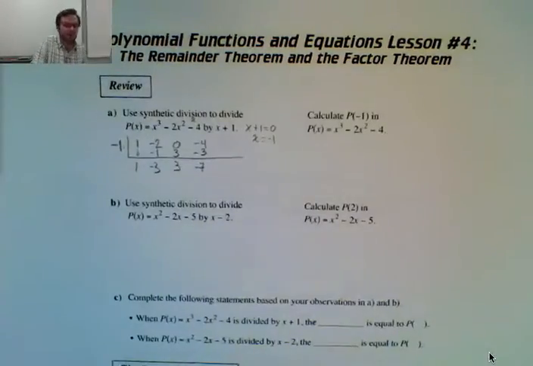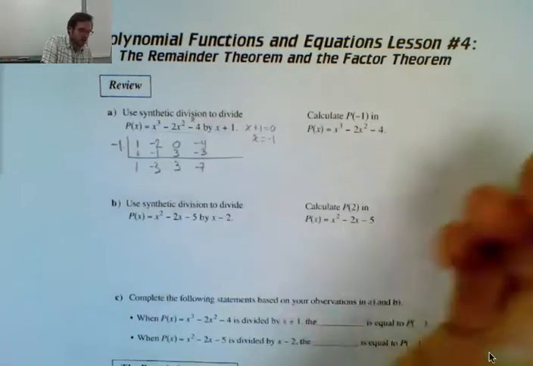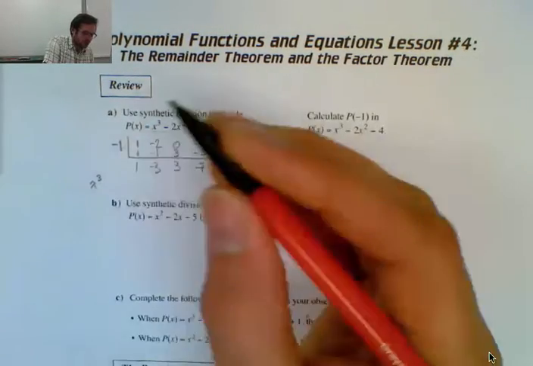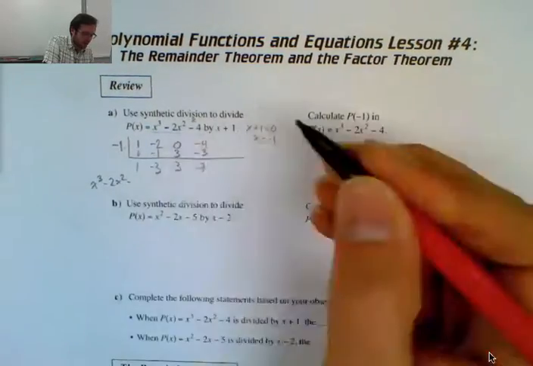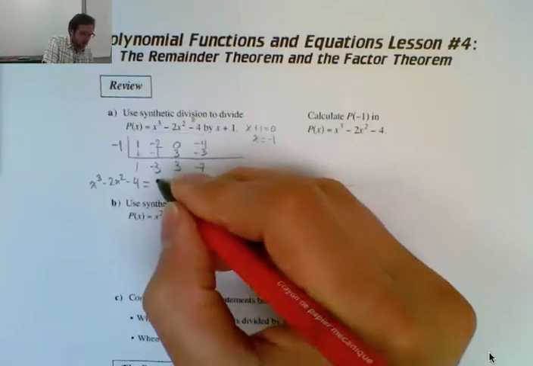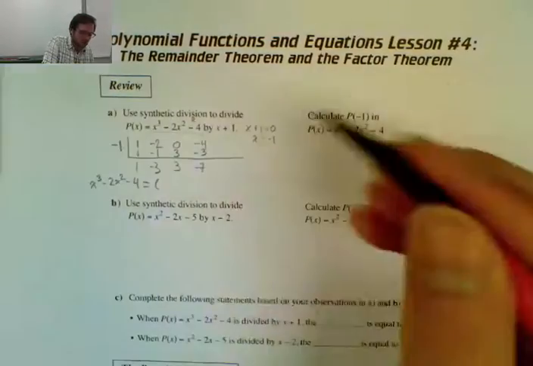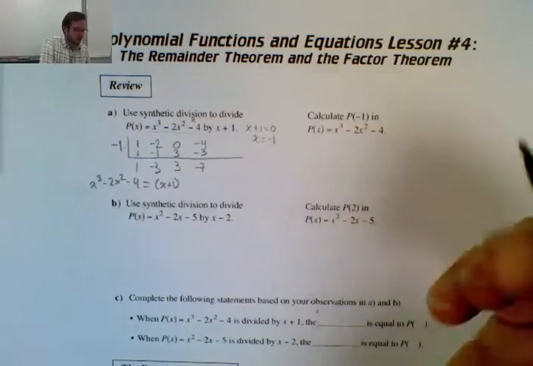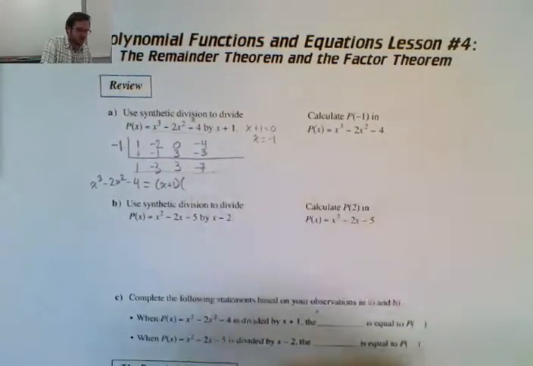Now if I rewrite this all out, x cubed minus 2x squared minus 4 is actually equal to our divisor. If you remember how to write this out in a multiplication sentence, it's going to be x plus 1, and then we are going to multiply that by what we did for our synthetic division.